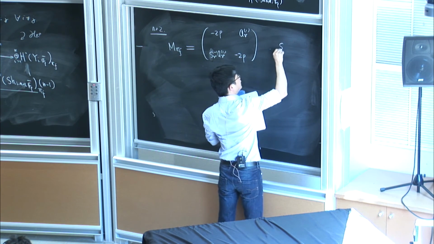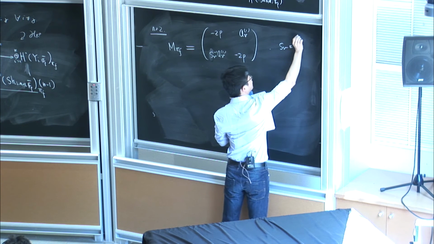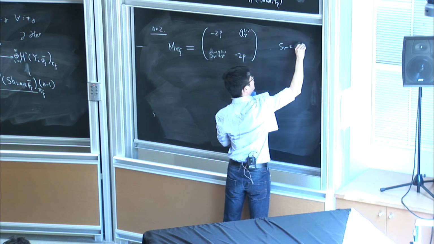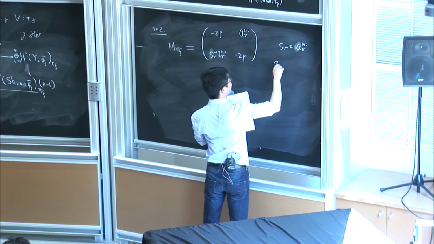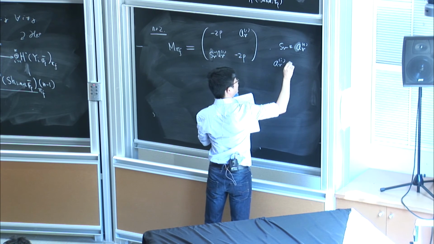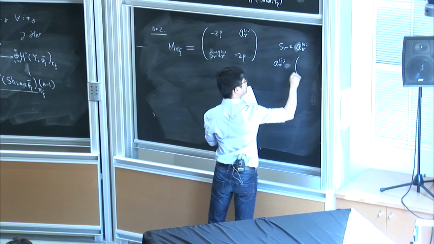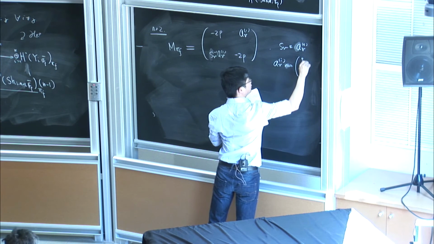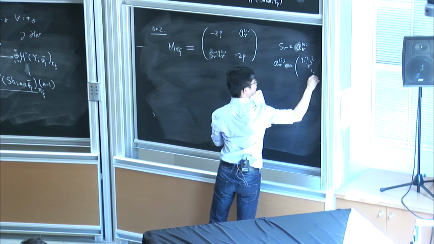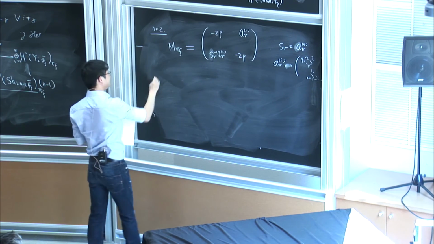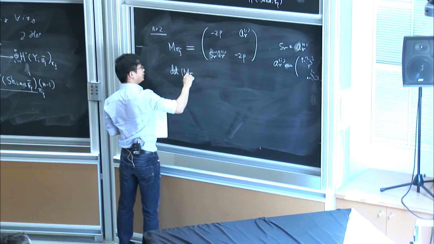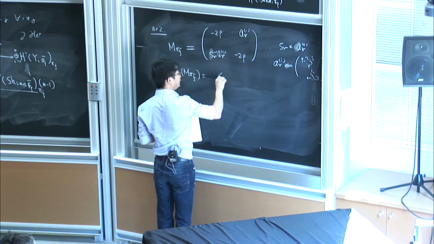Here S_v equals a_vn, and a_vi records the eigenvalue associated to the Hecke operator. If you take the determinant of this, it is going to be 4p squared minus a_v1 squared, S_v minus 1.